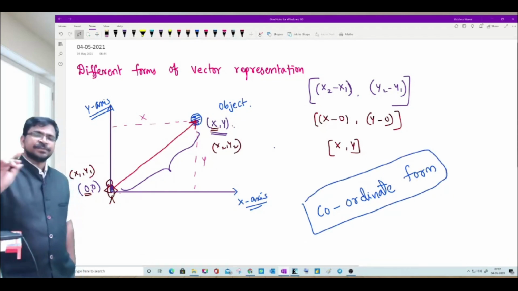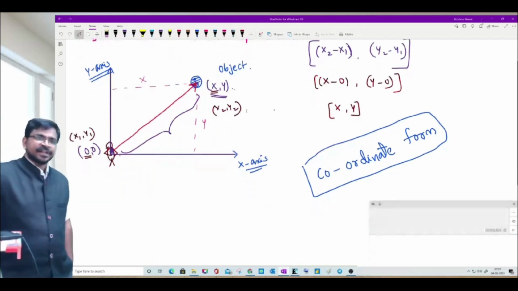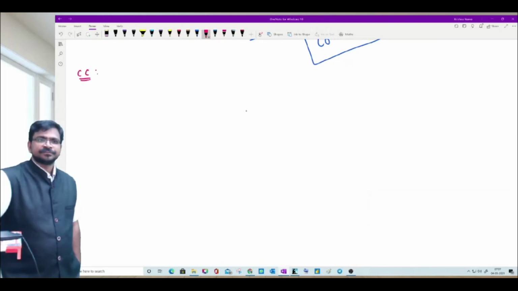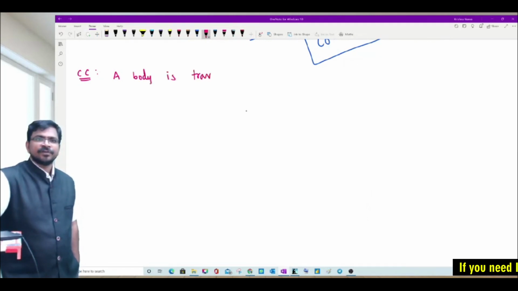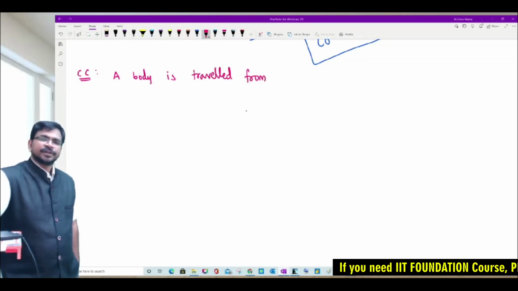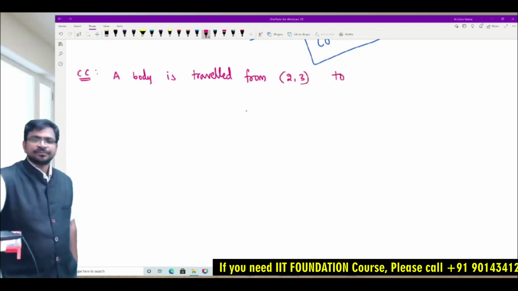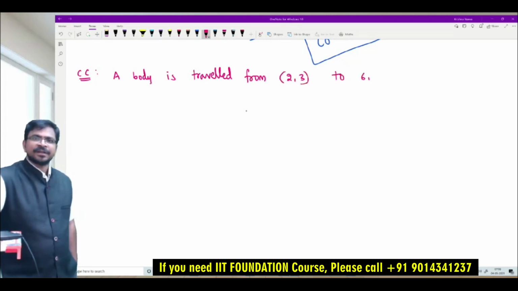Let me show you one simple working example for this kind. Suppose a body travels from 2, 3 to 6, 9.